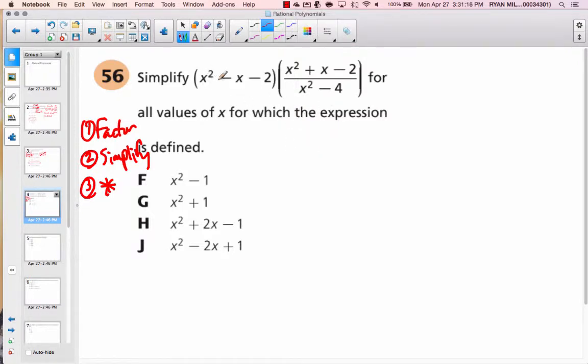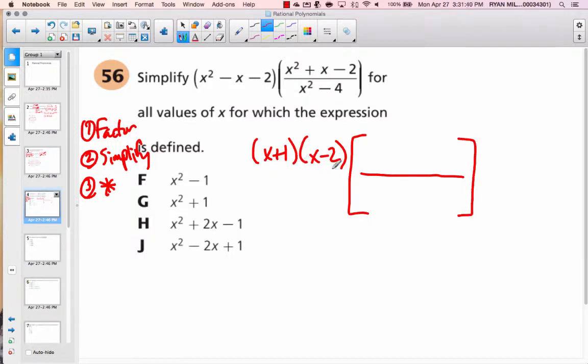So I'm going to take x squared minus x minus 2. 1 times 2 is 2. Factors of 2 that are going to get me negative 1 is going to be plus 1 minus 2. So this is going to get me x plus 1, x minus 2. That's getting multiplied by this fraction over here.